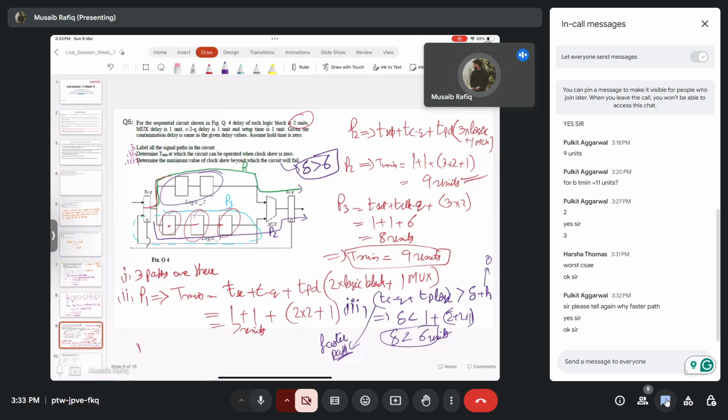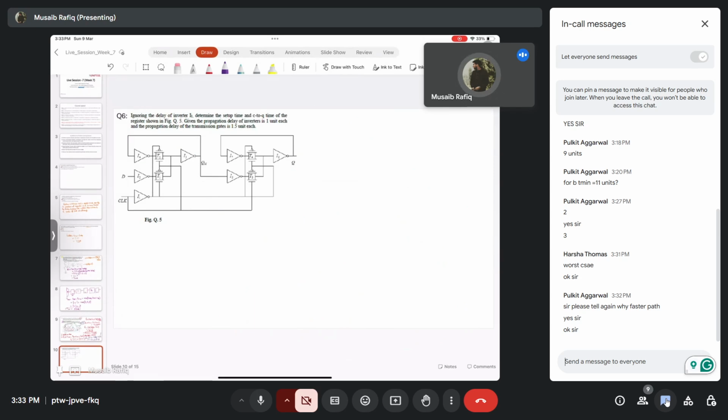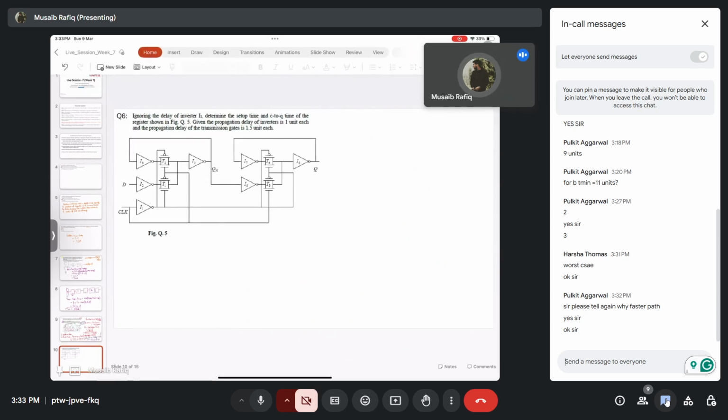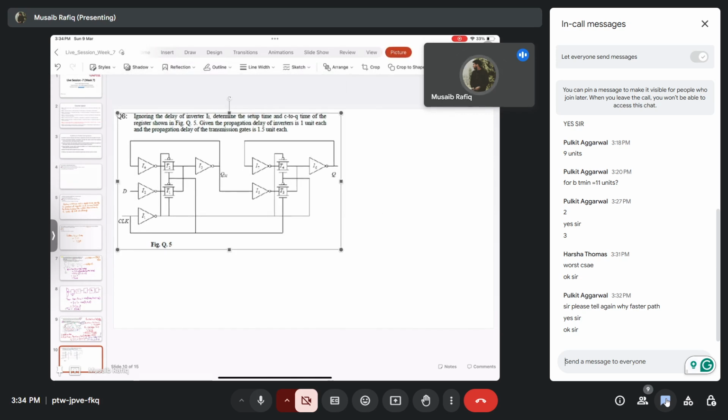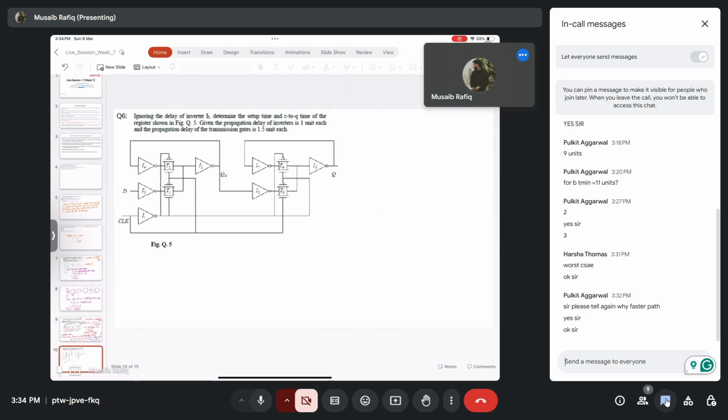Now we will move to question number 6. Before proceeding, can anyone tell me what type of circuit this is? Have you seen this circuit? Has anyone seen this circuit, or can anyone comment about this? Let me make it slightly bigger. Yes or no?